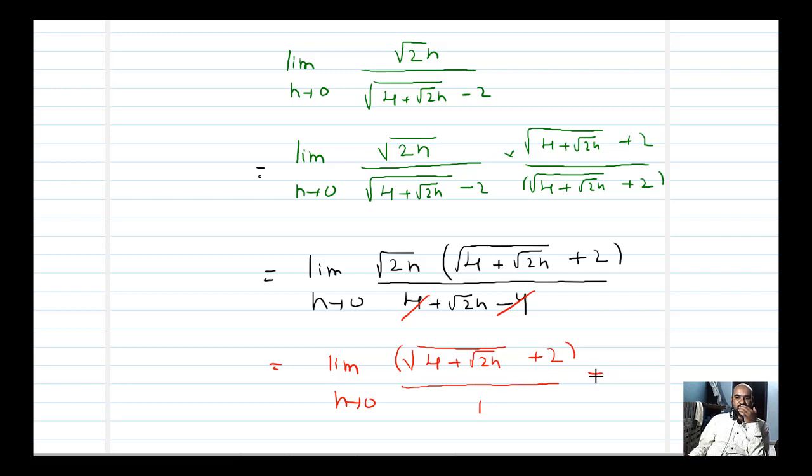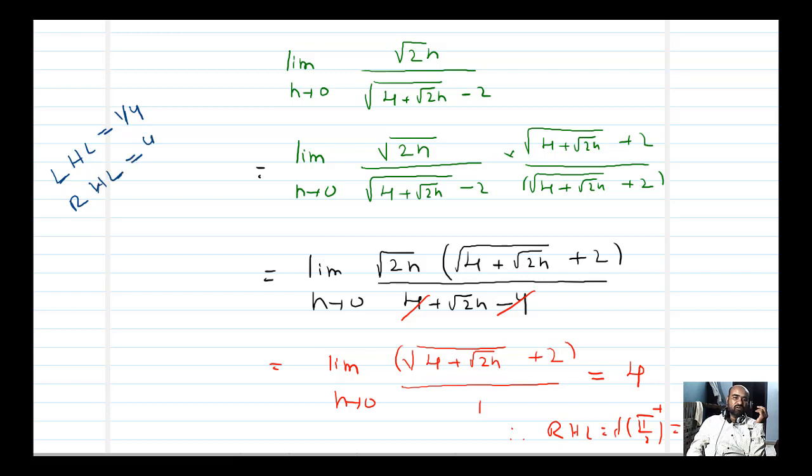So what is the meaning of that? I got RHL, that is f of pi by 2 plus, equal to 4. So here I want to write the final conclusion: LHL equal to 1 by 4, RHL equal to 4.